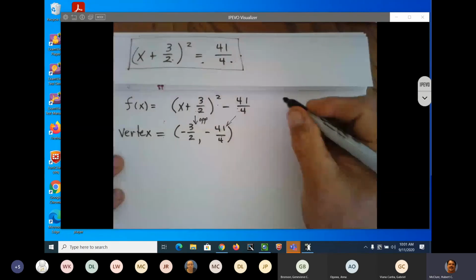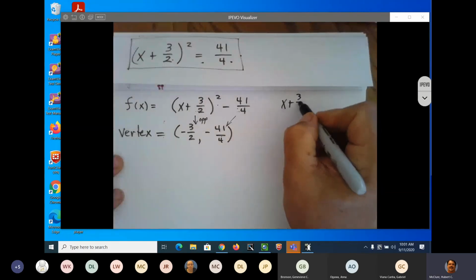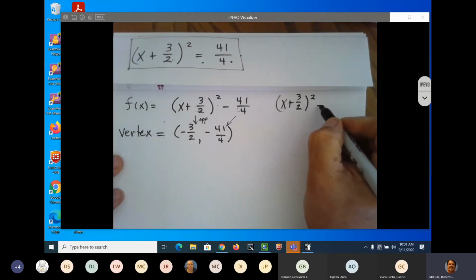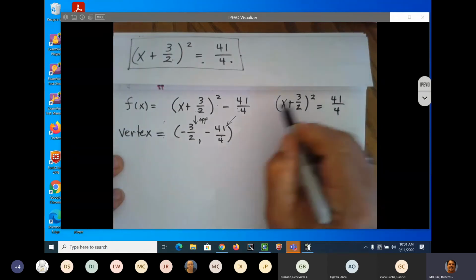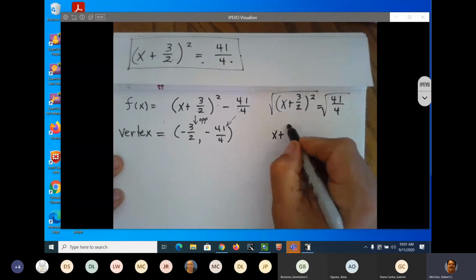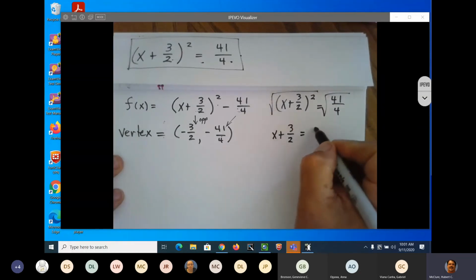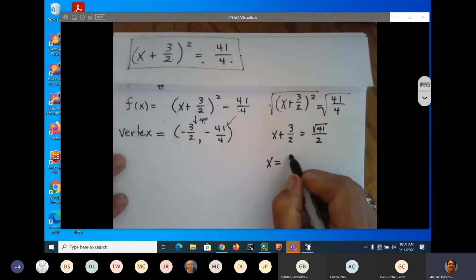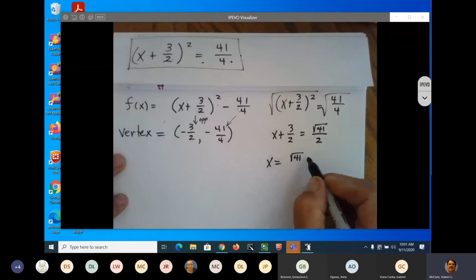So (x + 3/2) quantity squared is equal to 41/4. Take the square root of both sides. x plus 3/2 is equal to the square root of 41 over 2. And x is equal to the square root of 41 minus 3 over 2.